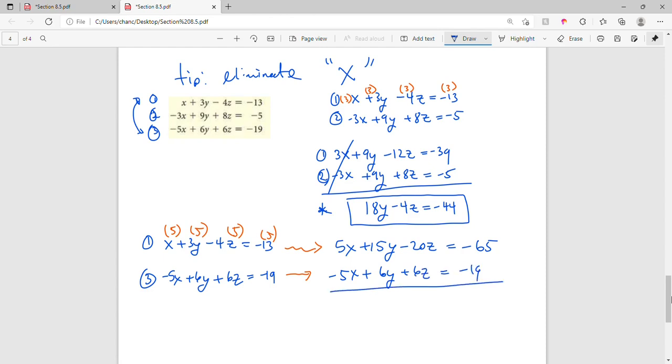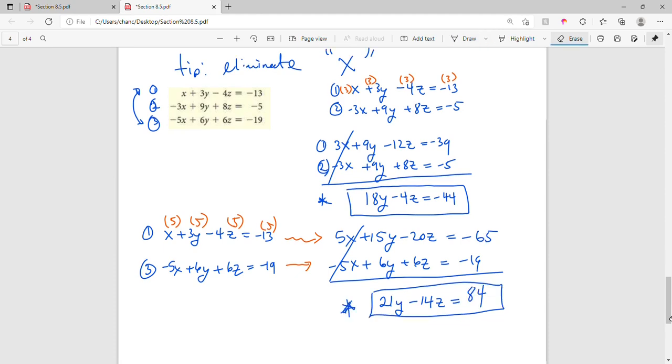If we add them up, see what happens. We get a 21y, because the x's cancel out, minus 14z equals 84. Double checking my work, I realize I made a mistake. This should be a -84 because we have a -65 plus a -19.